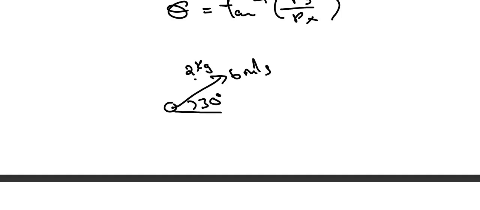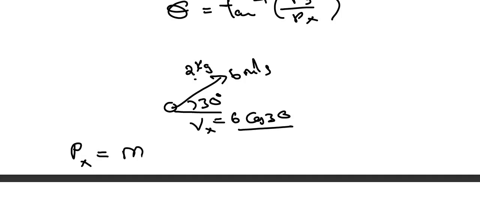If something is, let's say, moving like this, the mass is, let's say, 2 kg. Then the velocity is, let's say, 6 meters per second at an angle of, let's say, 30 degrees. I ask you, what's the momentum here? You have to get the momentum in the x, which uses the x component of the velocity, which is just 6 cos 30. This is the Vx. So we multiply the mass and the Vx.